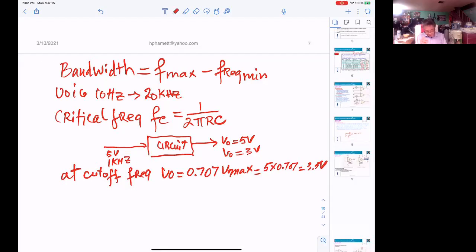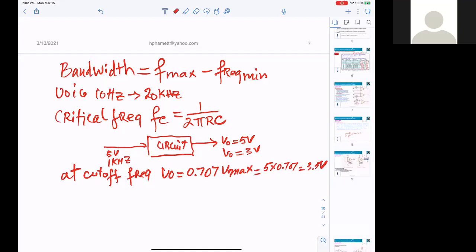Now, at the cutoff frequency, the output goes down. Going down to what? Going down to 70.7% of the maximum value. That means 70.7% is equivalent to 0.707. And 0.707 is equivalent to how many dB?